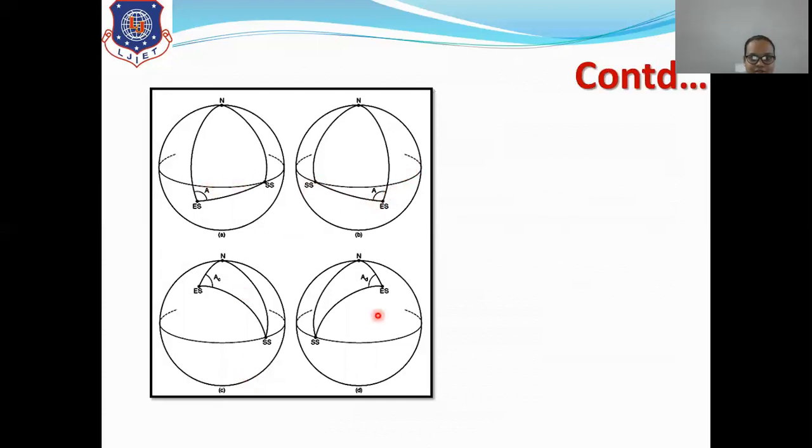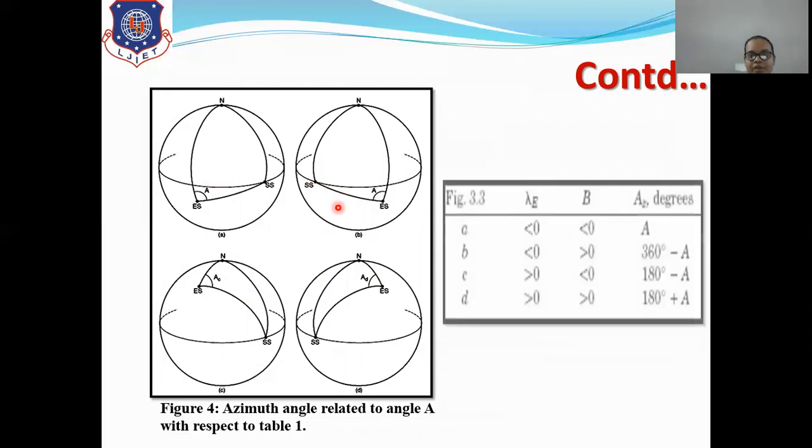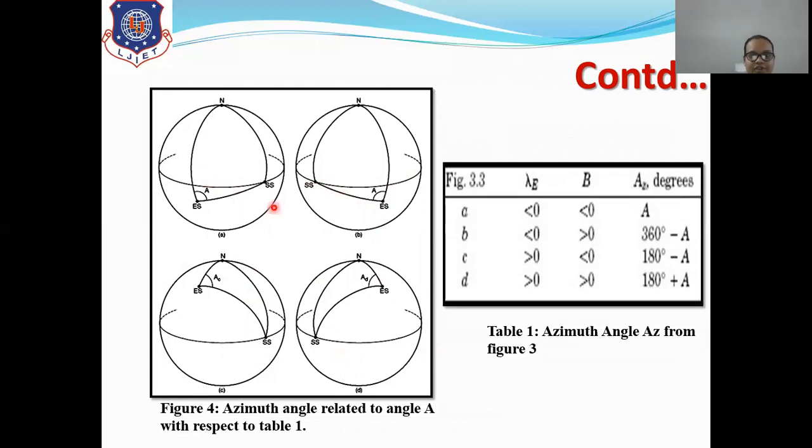Now, these are the various A positions, through which we will define the azimuth angle. So from these positions, we have made table 1, right? This shows the 4 conditions A, B, C, and D, which depend on the value of lambda e and B, or station latitude and B. If both are negative, then the azimuth angle will be equal to capital A, which we found in the last equations.